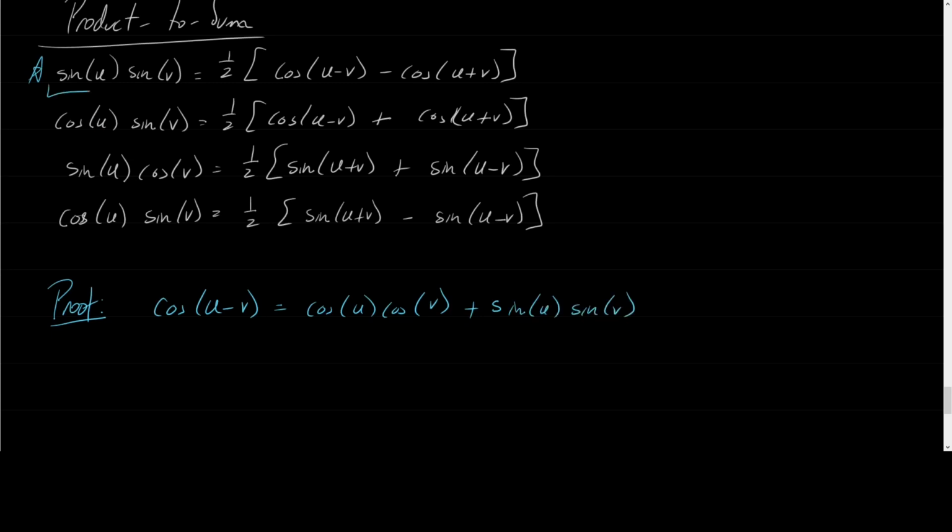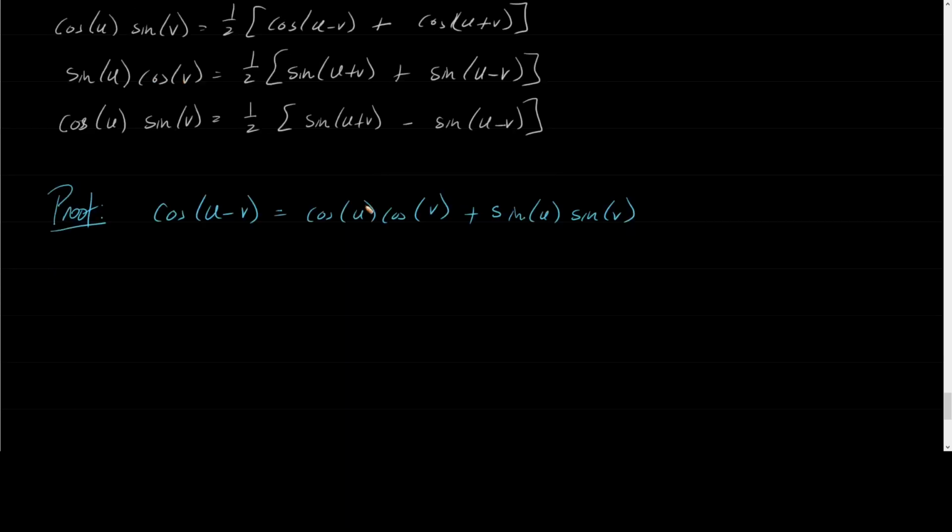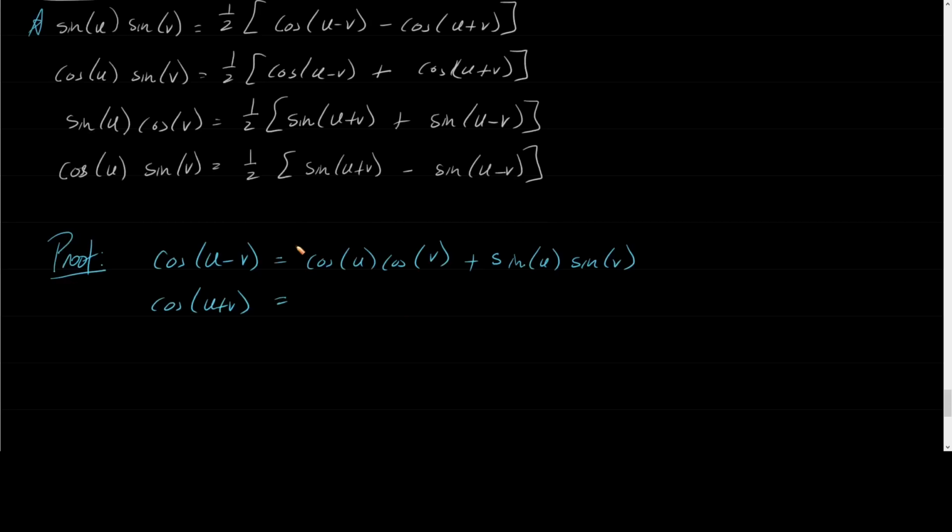And what we're looking for here is sine of u times sine v. Look at that. So we're going to be able to manipulate this somehow. Also recall that cosine of u plus v is equal to cosine of u times cosine of v minus sine of u times sine v.